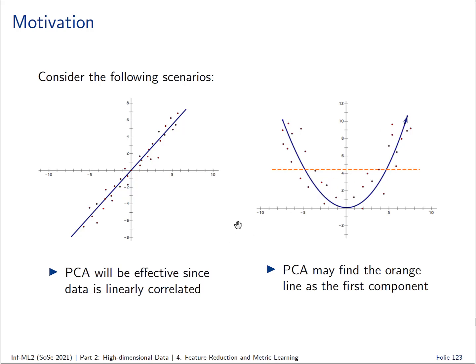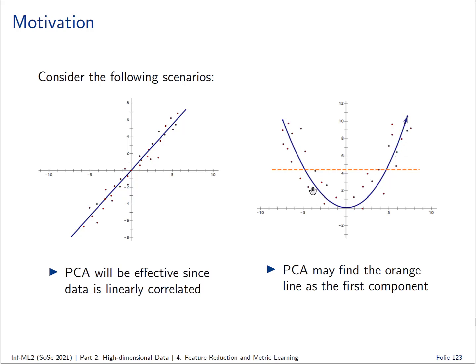In the linear case, PCA as we know it is absolutely effective, and will find this as the first principal component. Here, if we apply principal component analysis, we may find something like this, the direction of highest spread, which is obviously not what we want. We would like to have this blue curve.